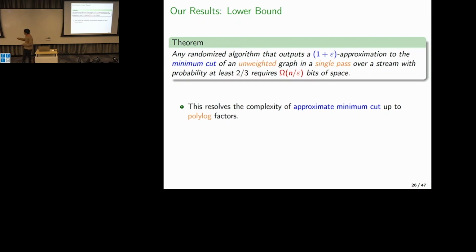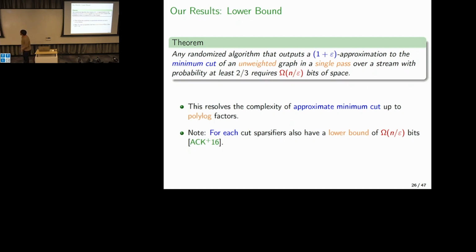So n over epsilon is really the right answer for 1 plus epsilon approximate min cut. And like I was saying, this paper also shows a lower bound of n over epsilon bits for for-each sparsifiers, so that's also the right answer for them. It turns out that these two, for-each sparsifiers and approximate min cut, are sort of equivalent to each other. You can reduce between them, but there is a small caveat there.